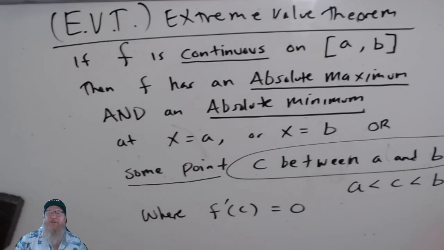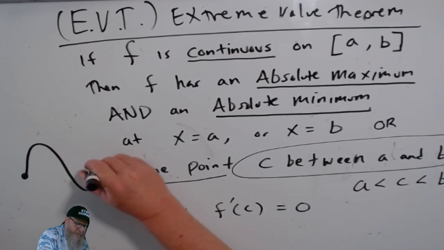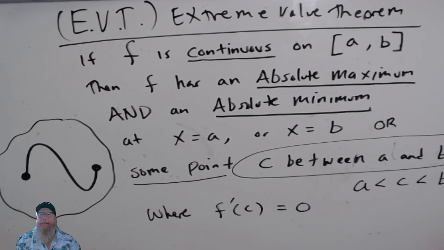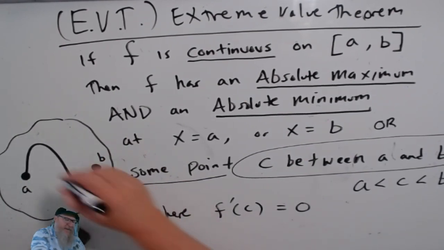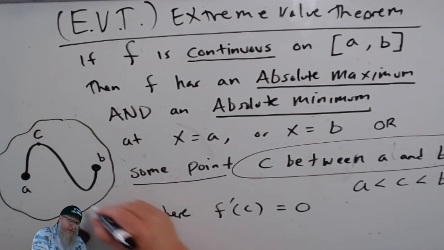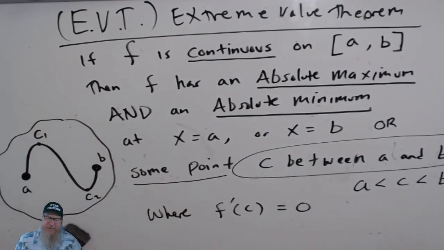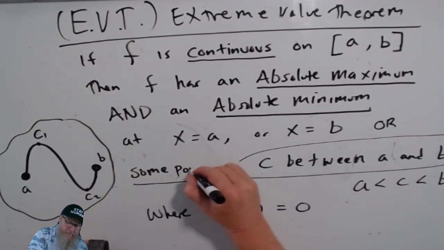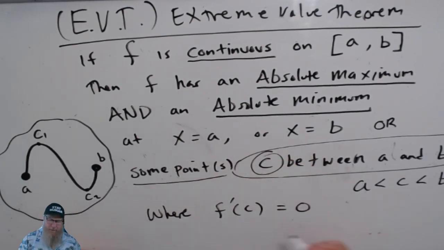The diagram is actually quite simple. Kind of just imagine this type of a picture, yeah? So you have A, B, and then some point C. There could be more than one. So if there's more than one, we'll call them C1 and C2.